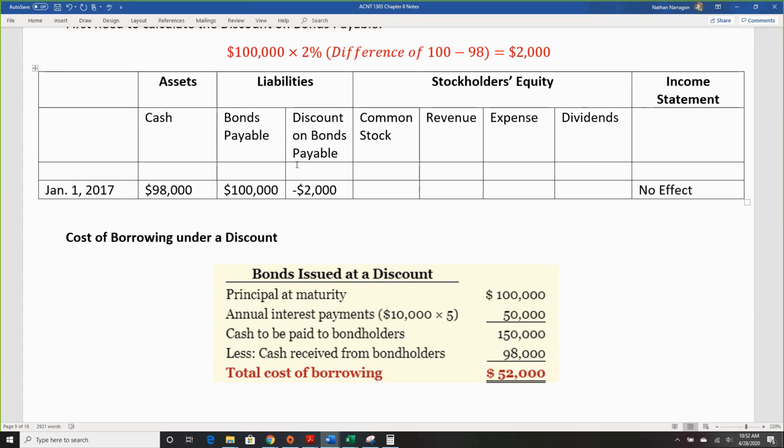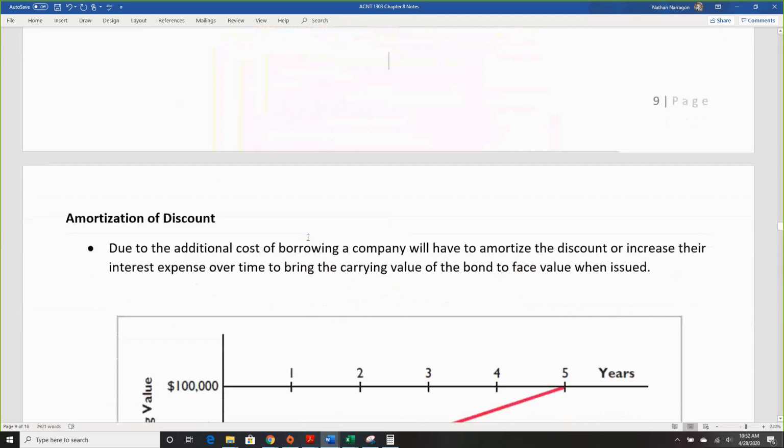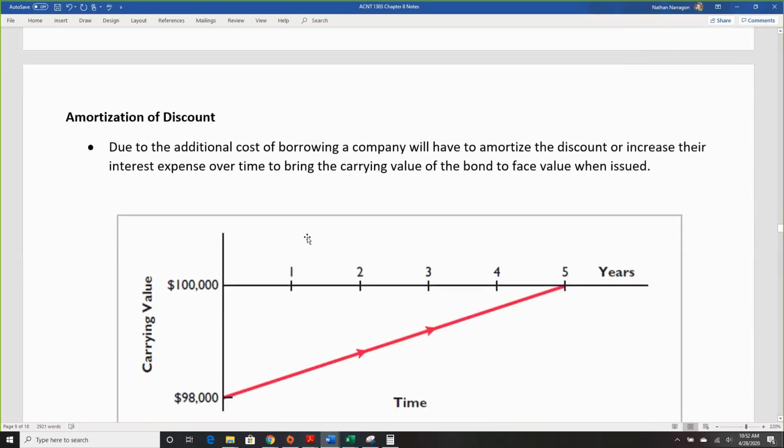So during the life, to get to par value, we have to slowly remove the discount. Basically, we're going to allocate the benefits of it to our income statement. And how is that done? Okay? Well, it's like straight line, straight line depreciation.